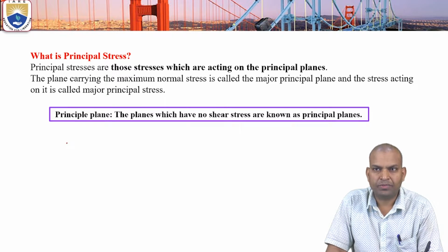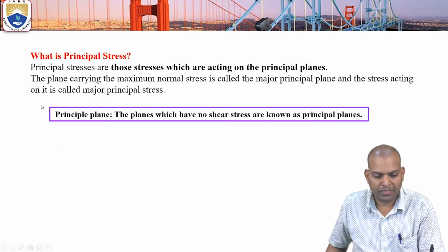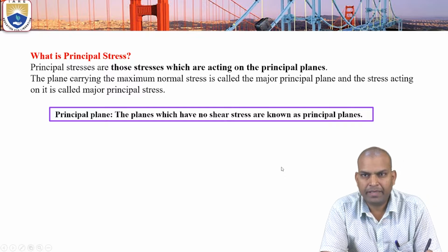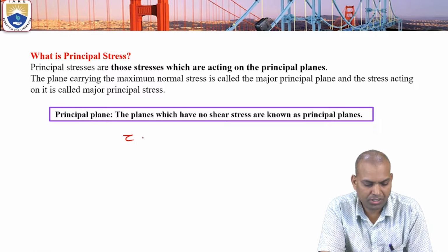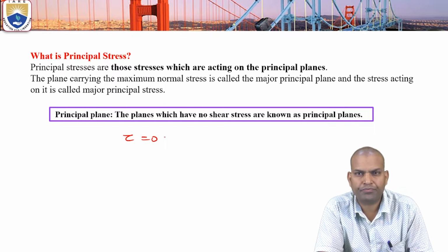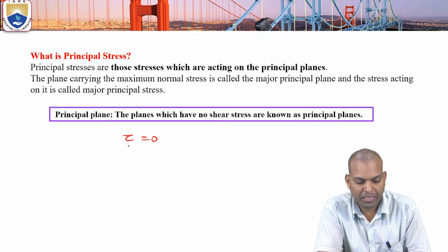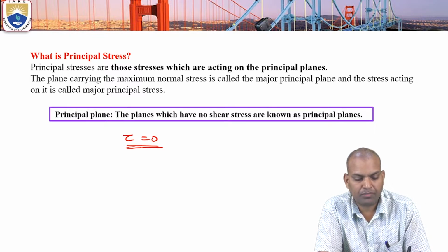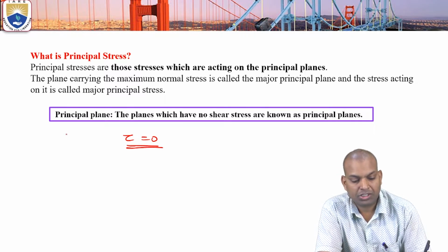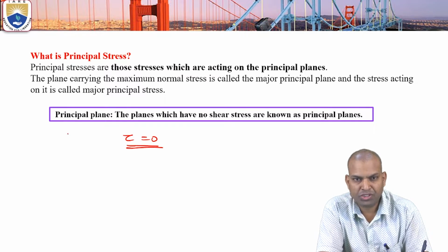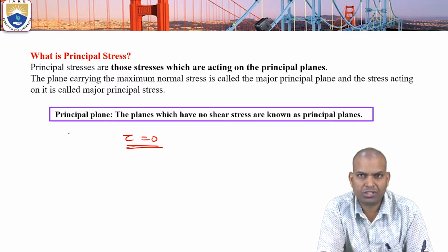Principal planes are the planes on which the shear stress tau equals 0. So on this plane the shear stresses are 0, but normal stresses will be there, and those stresses are known as principal stresses.